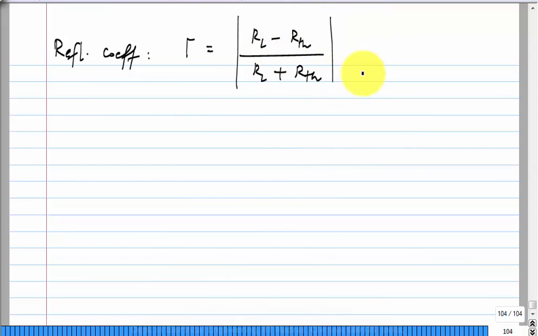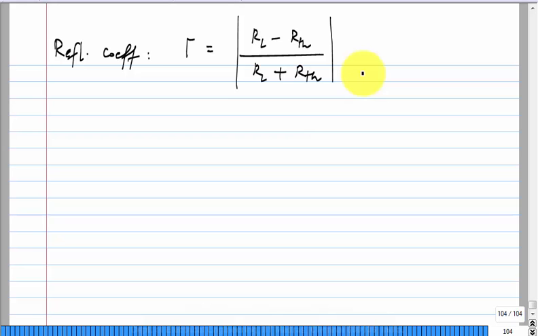Okay. What is the range of gamma? 0 to? No, I have taken the absolute value. 0 to 1. I mean, it makes sense, right?